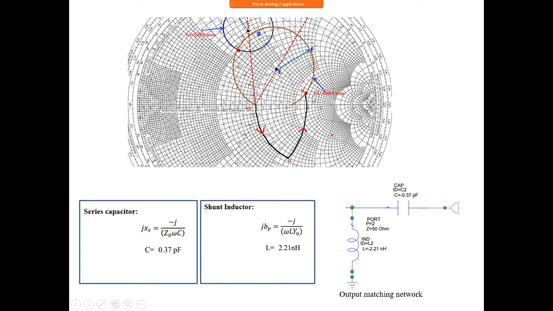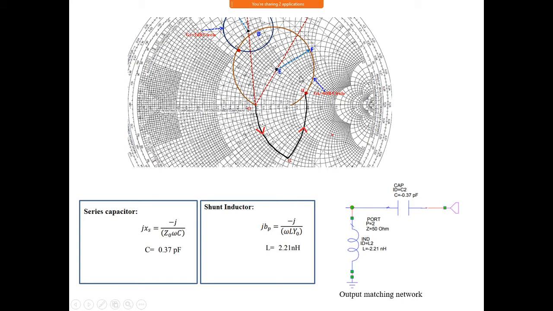So start from the center of the Smith chart and move on the R equal to one resistance circle in the anti-clockwise direction. You should stop where the R equal to one circle intersects the circle passing through this point.